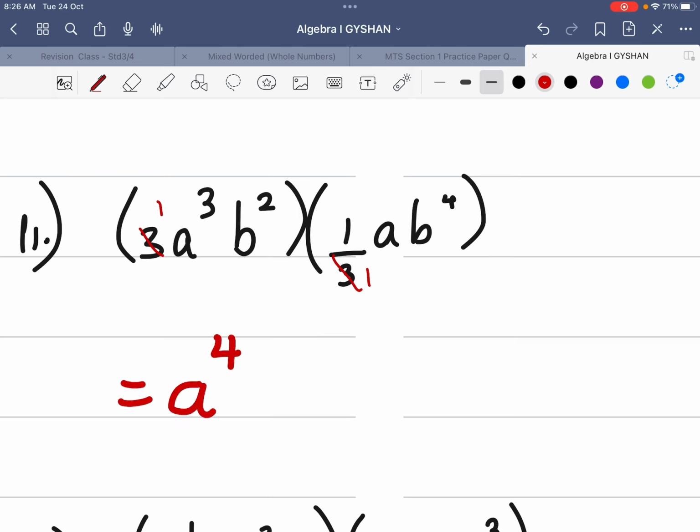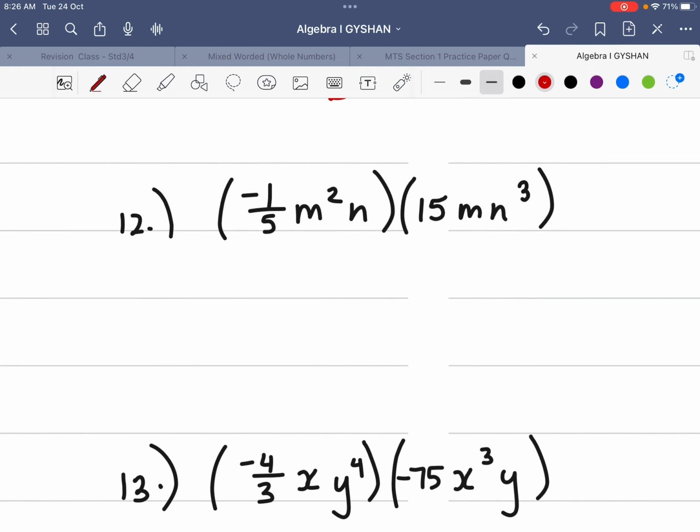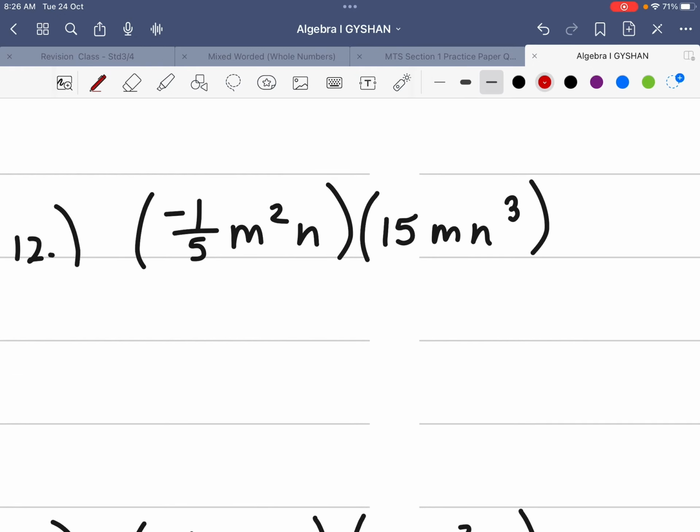B squared times b4 is b6. So that's your answer. And last, well, no, we have 2 more. We can see that we have 5 into 5 is 1. 5 into 15 is 3. So that's negative 3 m cubed n 4.